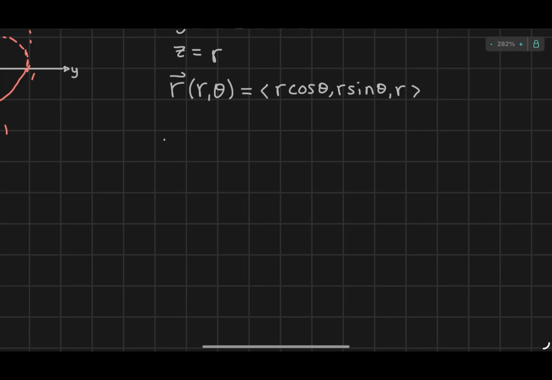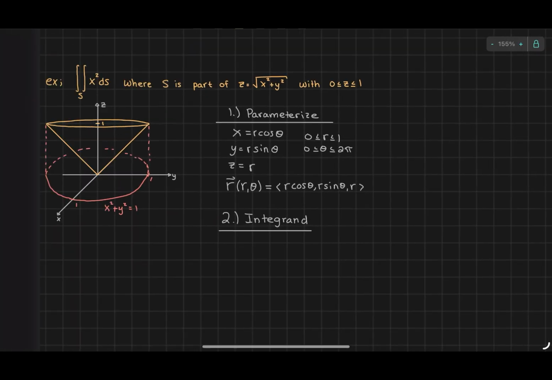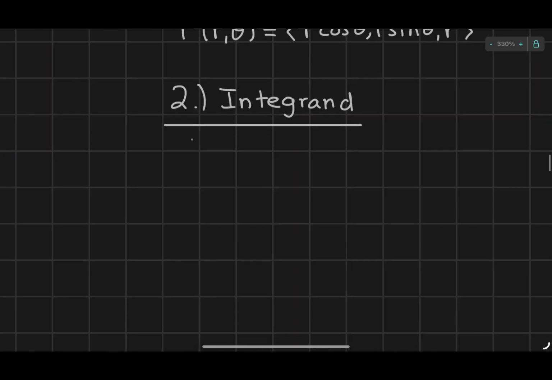Moving on to step 2, we have our integrand. Well, our integrand, as we can see here, is going to be x squared.